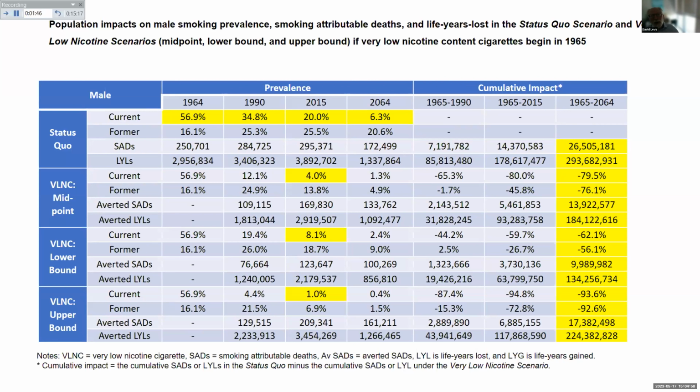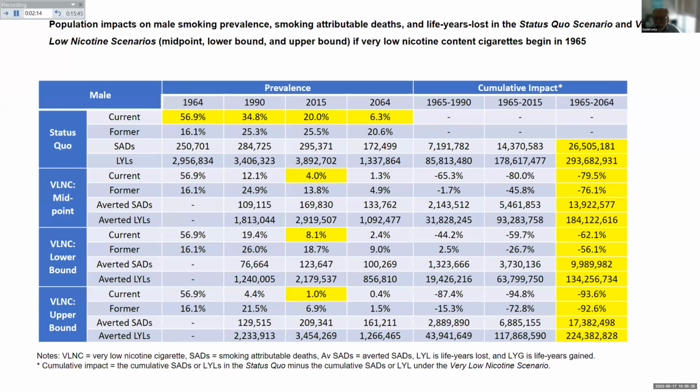Now we turn to the very low nicotine standard, our midpoint estimate, and you see that the smoking rates would be substantially lower, effectively 1/5 at 4%, 1/5 that of what it would have been in 2015, and fairly minimal, 1% by 2064.